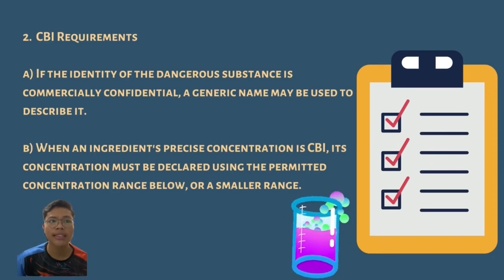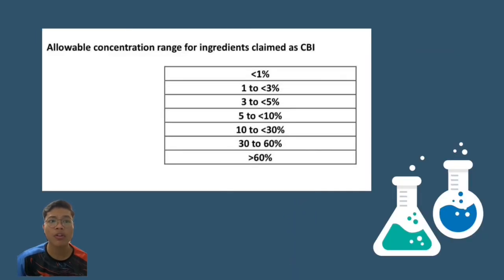So there is a global concentration range for ingredients claimed as CBI. As you can see here, there's a table of ranges for ingredients. For example, for an ingredient present at 35%, the allowable concentration range is 30 to 60%. However, the narrower range of 30 to 40% can be used.